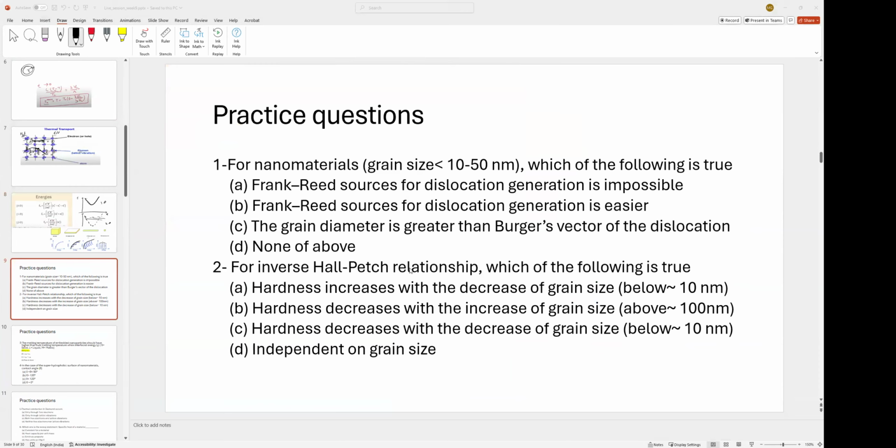Now, we'll start with the practice questions. For nanomaterials with grain size less than 10 to 15 nanometers, which of the following is true?